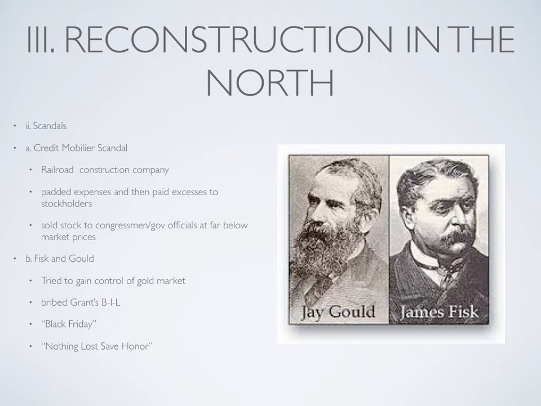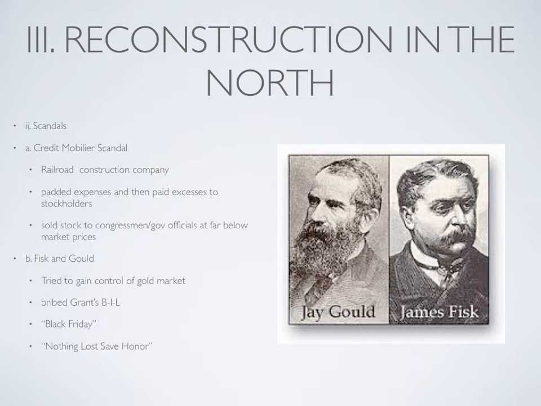Then you have Fisk and Gould. When we get into the Gilded Age, we'll talk about Fisk and Gould again, and how they try to swindle Vanderbilt. But right now, these guys are schemers. They're kind of tricky. They try to gain control of the gold market.